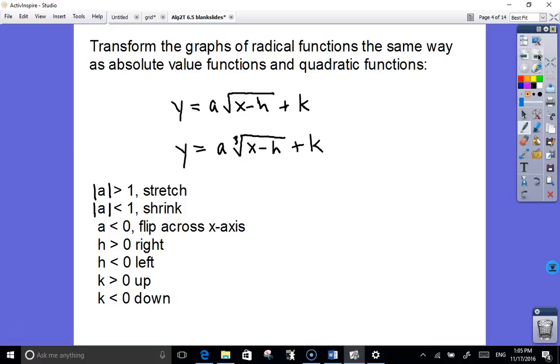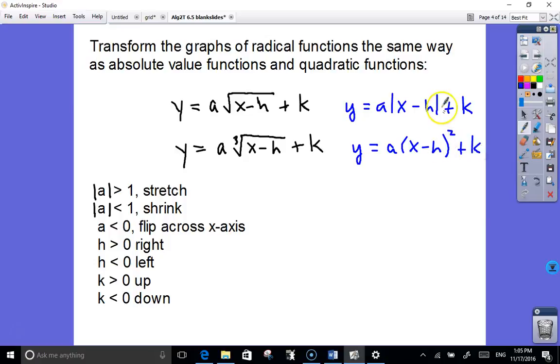And they're pretty similar to what we did before. Like if I compared that to absolute value, y equals a times the absolute value of x minus h, plus k. Quadratic, y equals a times (x minus h) squared plus k. We always got an a, an h, and a k.